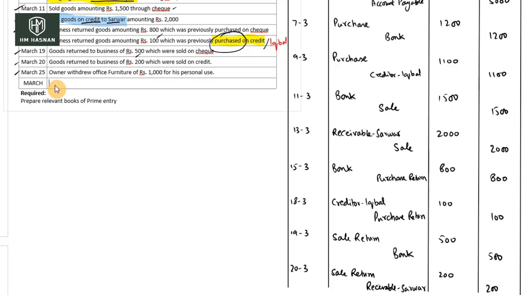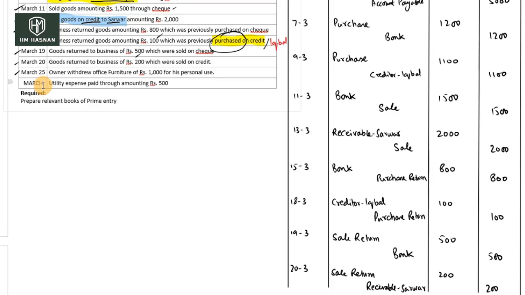So telephone expense or utility expense, we can say, utility expense paid through check, amounting rupees 500.